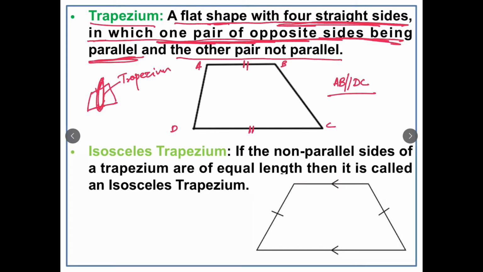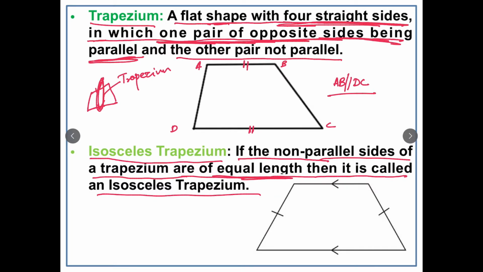Then we have the isosceles trapezium, which is a special type of trapezium. It says if the non-parallel sides of a trapezium are of equal length, then it is called an isosceles trapezium. Suppose these 2 sides are parallel, then these 2 are the non-parallel sides.